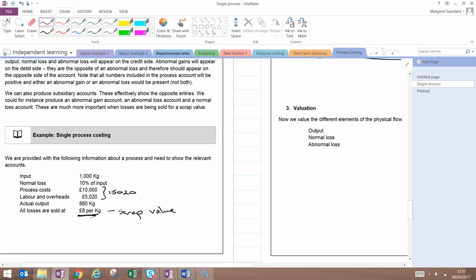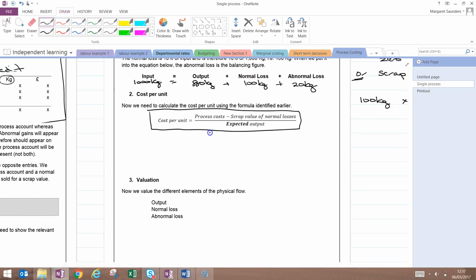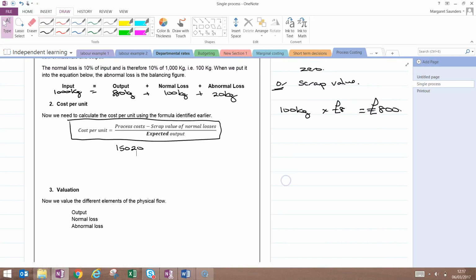Material, labour and overheads. So we've got 15,020. Take away the scrap value of our normal loss, which we've just worked out to be £800, and divide it by our expected output. Do remember it's the expected output, not the actual output.